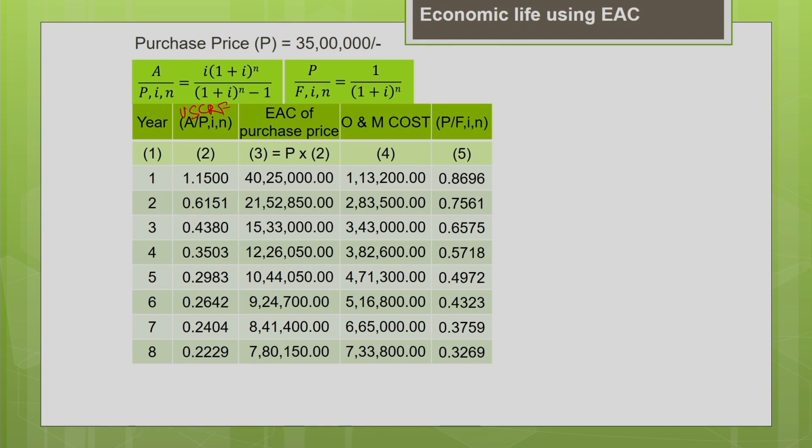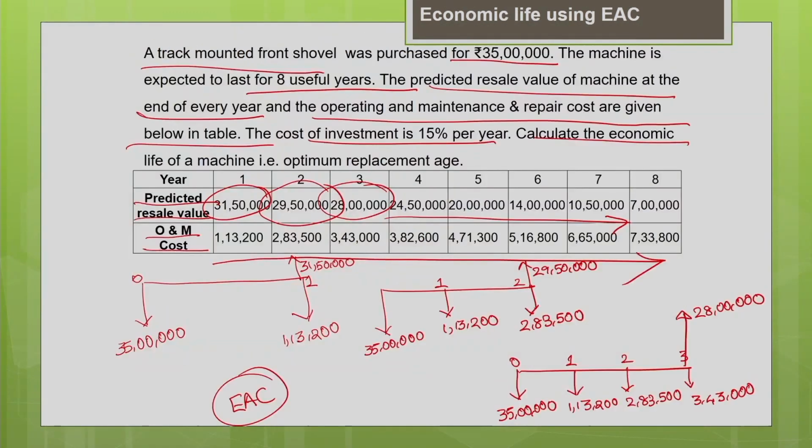So, the first thing I am going to do is estimate the equivalent annual cost of the purchase price of the machine. It is nothing but 35 lakh. So, 35 lakh is the purchase price of the machine. How to calculate? You can see this is the cash flow diagram for year 1. You are going to find the equivalent annual cost associated with this purchase price.